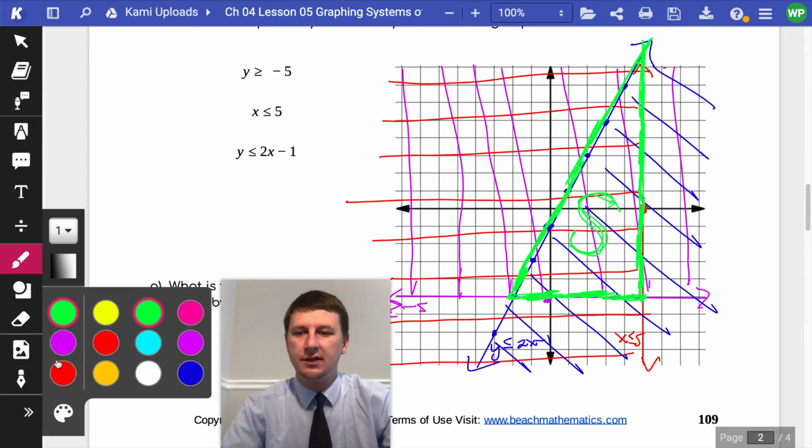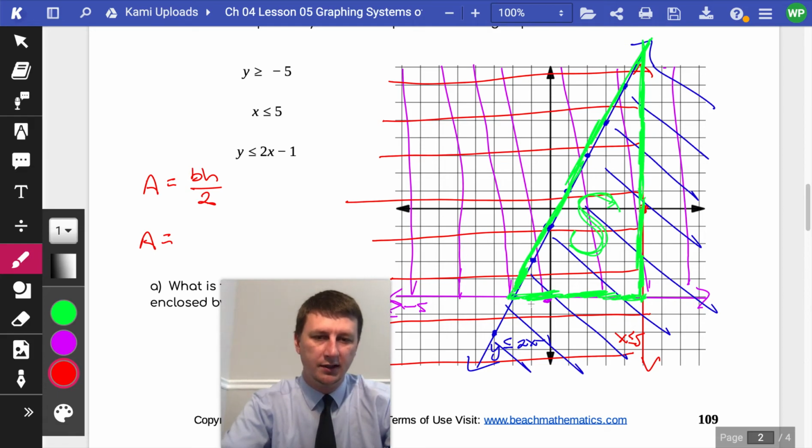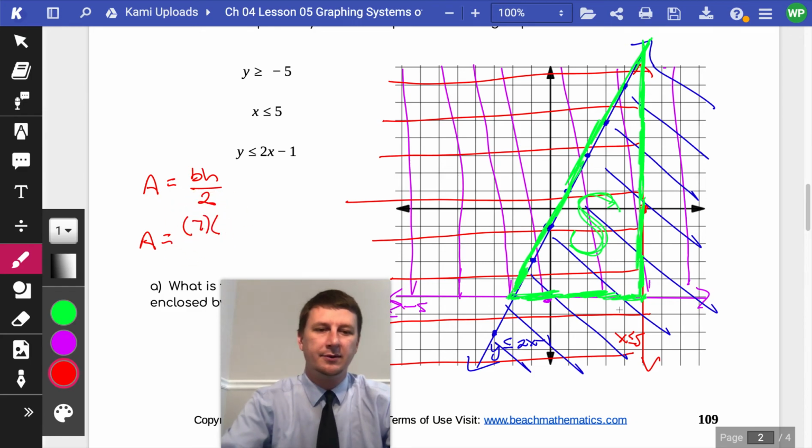So what we're going to have to know is our area formula for a triangle is base times height divided by 2. And we do know our base. It's going to be 1, 2, 3, 4, 5, 6, 7 units. We have to see what our height is. 1, 2, 3, 4, 5, 6, 7, 8, 9, 10, 11, 12, 13, 14 units, because we have to continue the pattern up to where those two lines would intersect.